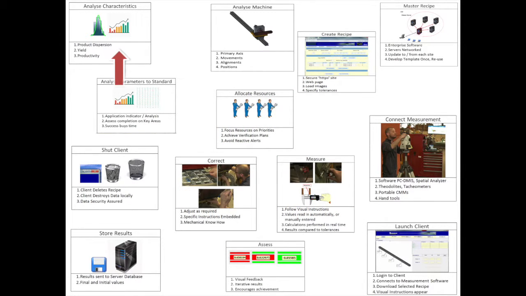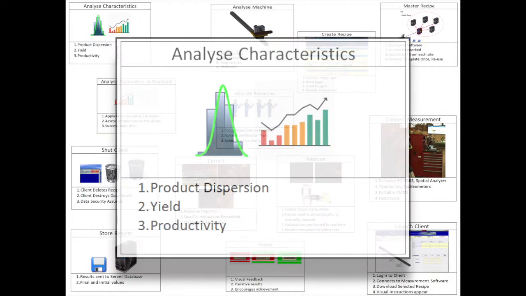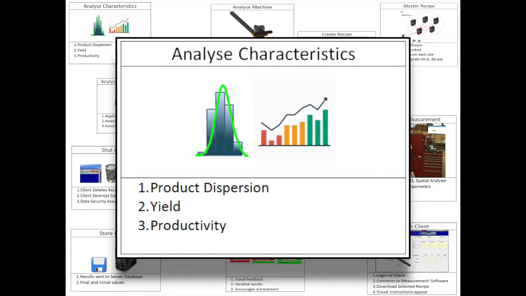So all the way back then to look at the characteristics. The product that you're producing is actually what you've got all the equipment for. And the goal for doing all of this work is to reduce product dispersion, because ultimately your customer will feel the dispersion.